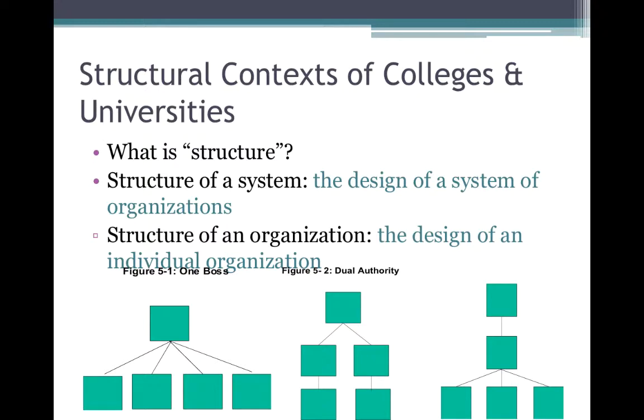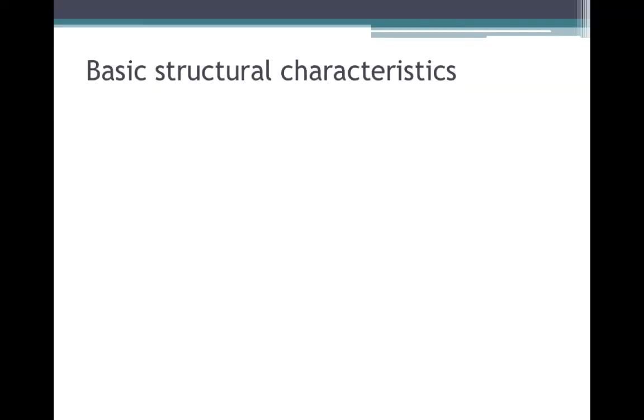You have to think about authority structures: how are leadership positions distributed, are there governing boards, a president or chancellor, what types of administrative positions exist, the academic senate, etc. These are important things to think about, both for your individual organization and for how it fits into the larger system of U.S. higher education. There are a few concepts and terms I want to make sure you understand related to the basic structure of colleges and universities.